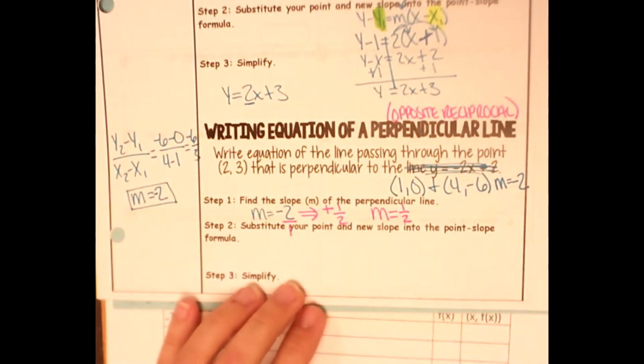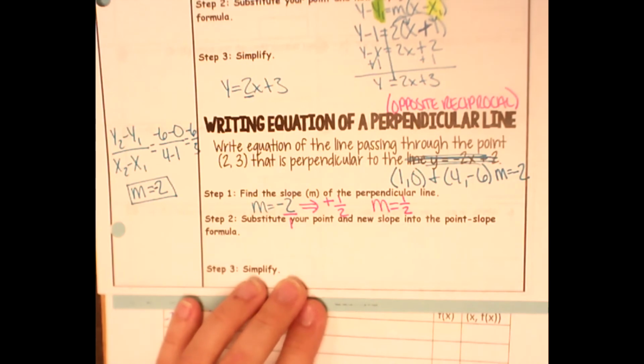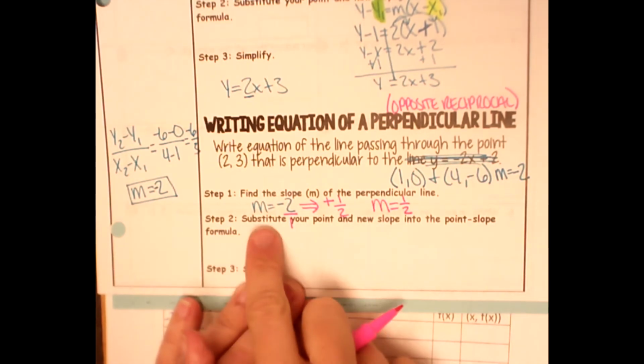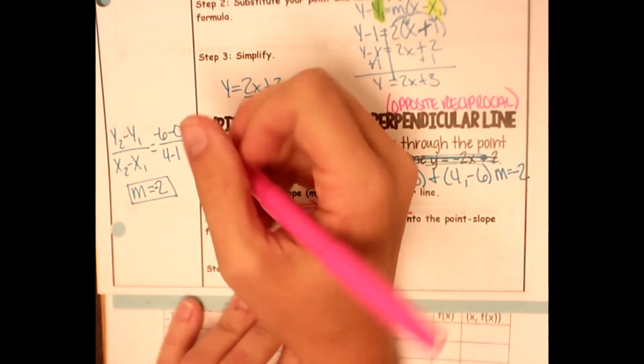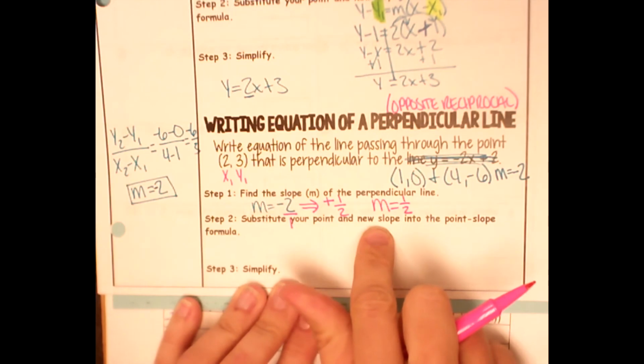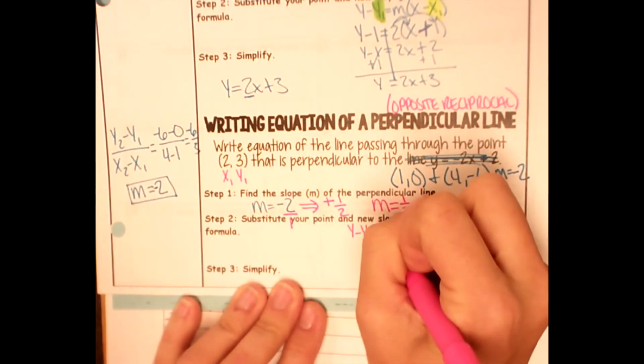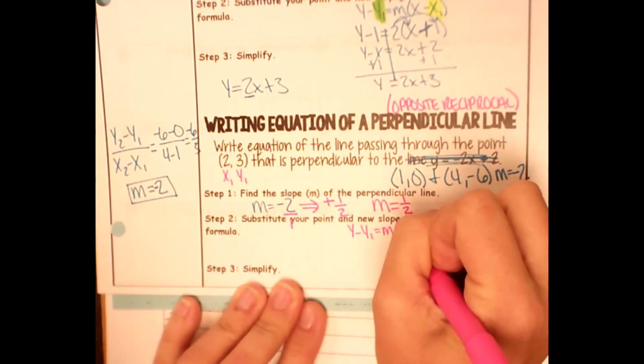We're not doing anything new other than finding a different slope because they're asking for perpendicular. Step 2, substitute your point, which is x1, y1, and new slope into the point-slope formula. So we have y minus y1 is equal to m times x minus x1.